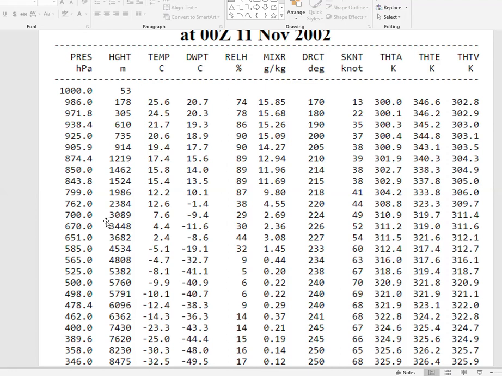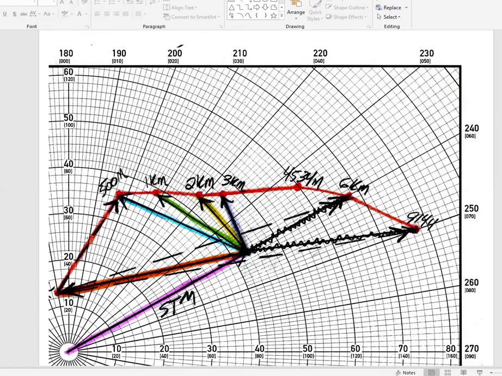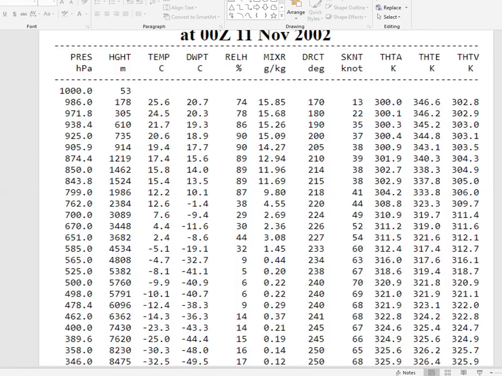But let's go up to the upper levels and maybe I can make more sense of it for you that way. 3089 meters. See, this is the height in meters, 3089. Let's go 4534 meters. Let's use that point. 4534. There we go. So I'm going to show you how to plot that one, okay? And the rest of the data is good. I just used some other data mixed in.